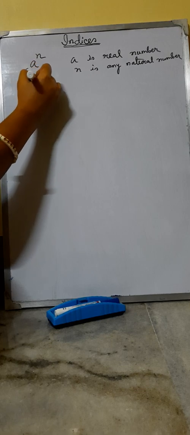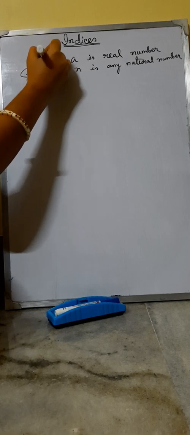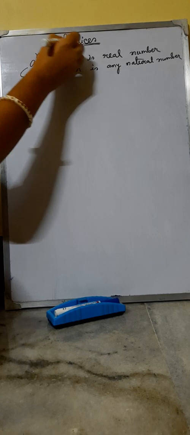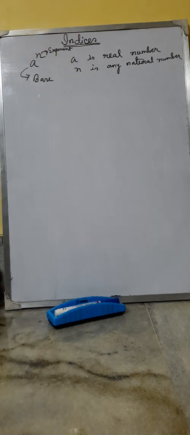Here a is called the base and n is called the exponent. Okay, a is base and n is exponent.